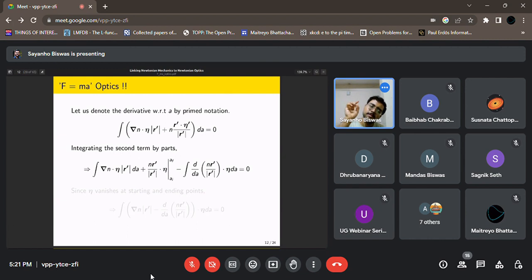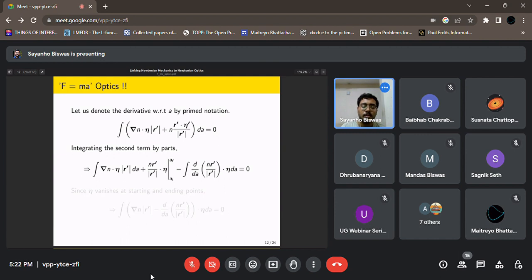This entire quantity, n r prime by mod r prime dot eta, is going from A initial to A final because our integral was from A initial to A final. Minus derivative of the first function dot product with that same integral, which gives us eta. This is what we have.